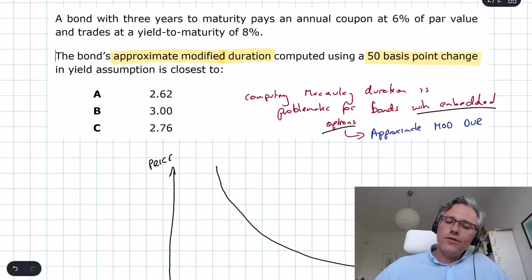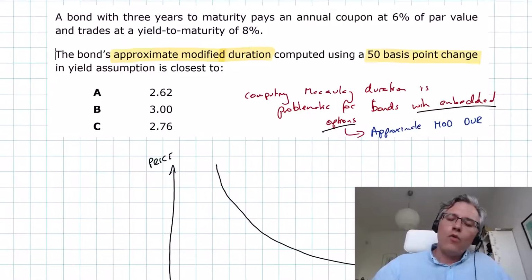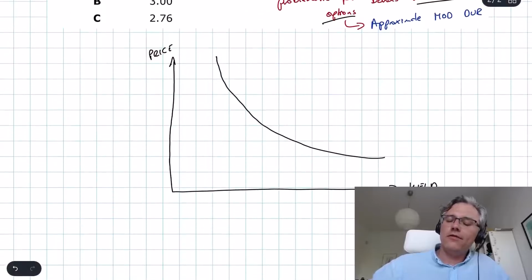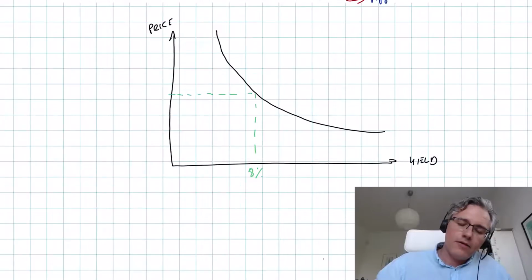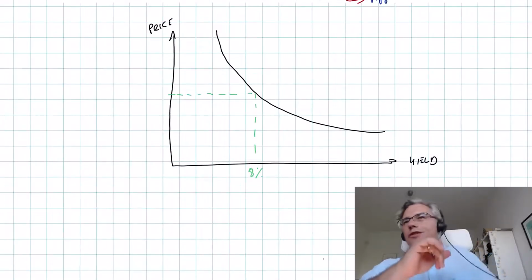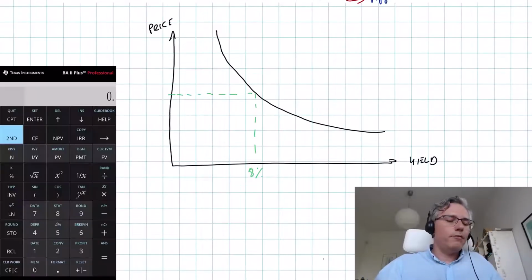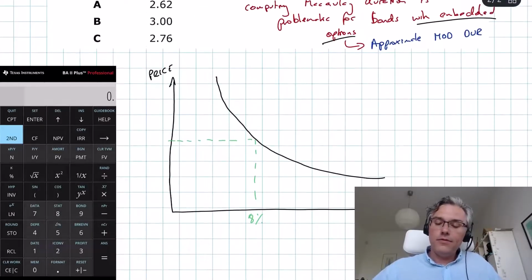What we're going to do is check what the price of the bond would be given its parameters. It's a 3-year bond, it pays a coupon at 6%, and initially it trades at a yield to maturity of 8%. So if, let's say, this is a yield of 8, let's figure out the price of this bond, and I'm just quickly going to do this on the time value of money worksheet. Clear it, second FV, and input the relevant data.